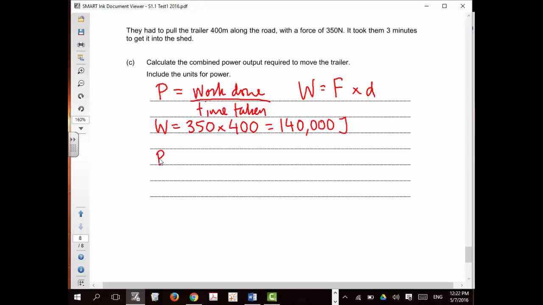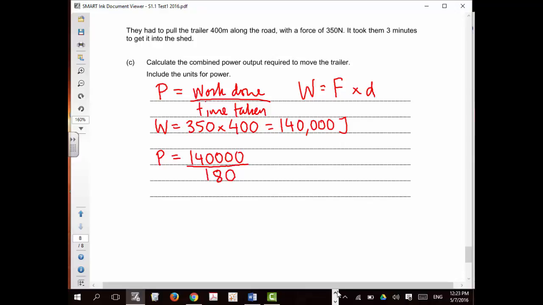And then we can work out the power, because we have 140,000 joules divided by the time taken, which we were given. It took 3 minutes, so that's 3 times 60 seconds. 3 times 60 is 180.